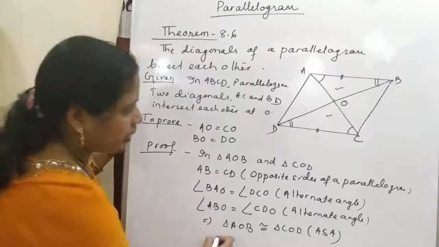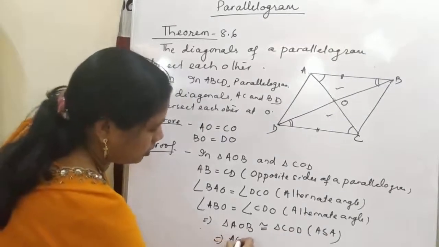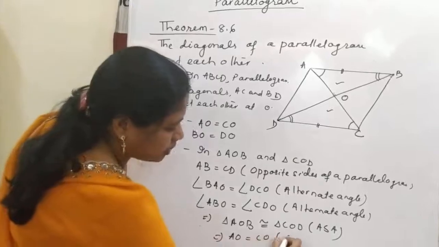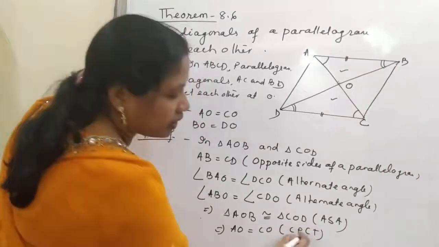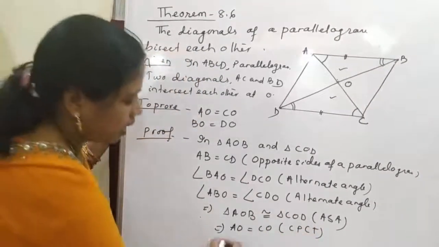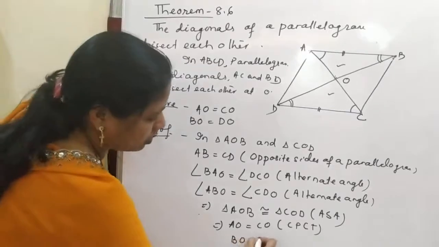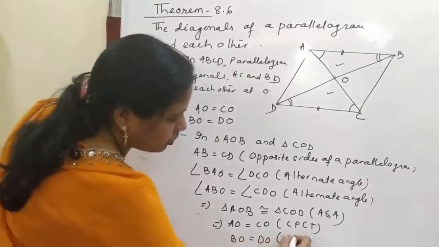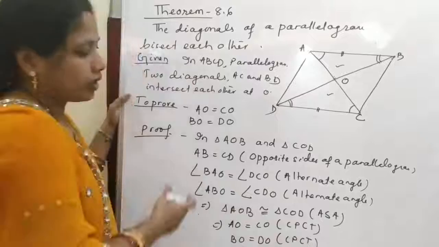So AO is equal to CO by CPCT, corresponding parts of congruent triangles, and BO is equal to DO, also due to CPCT. So this is proved.